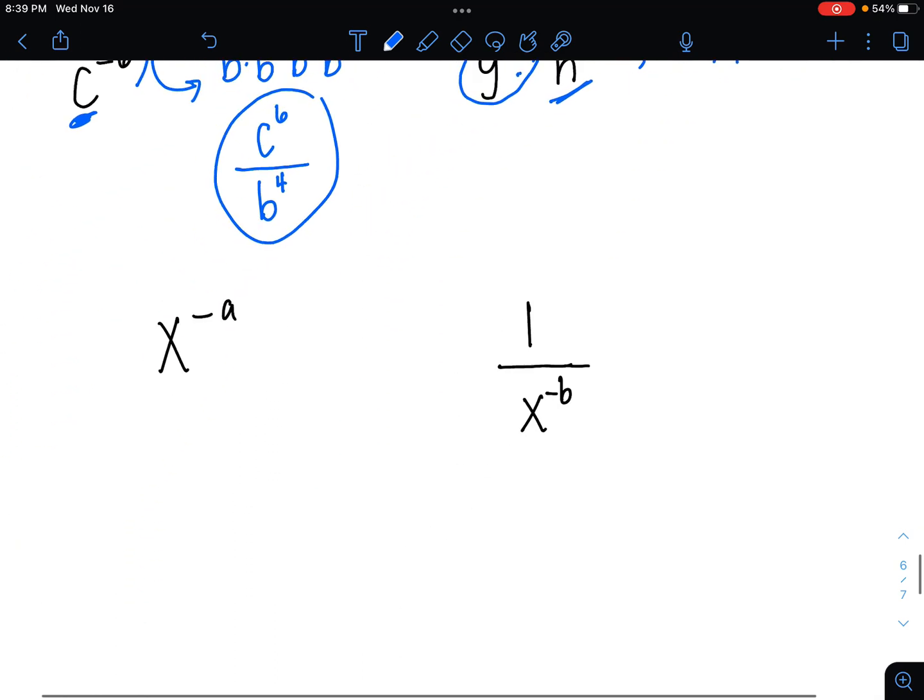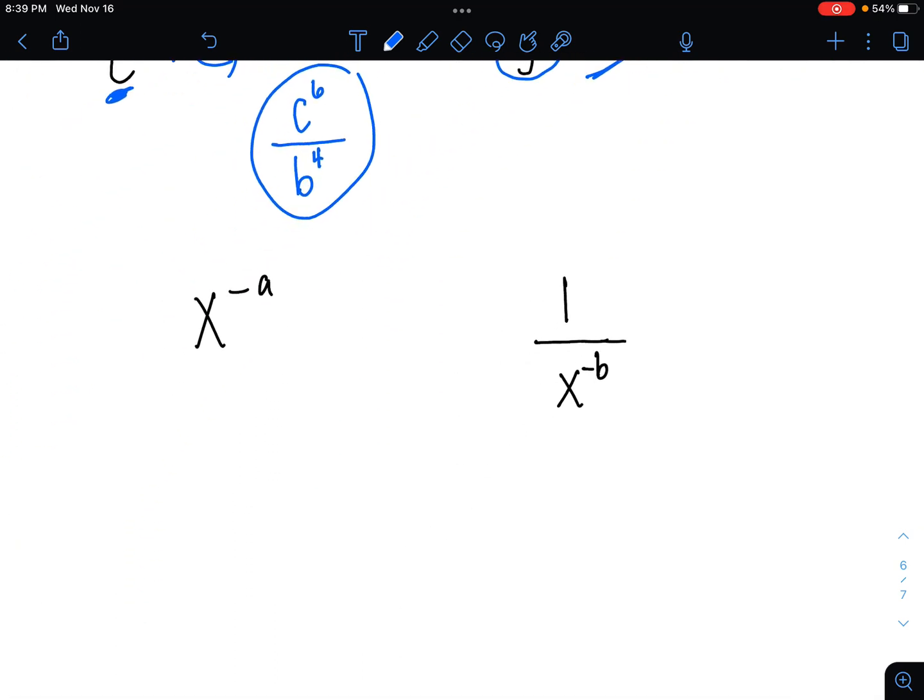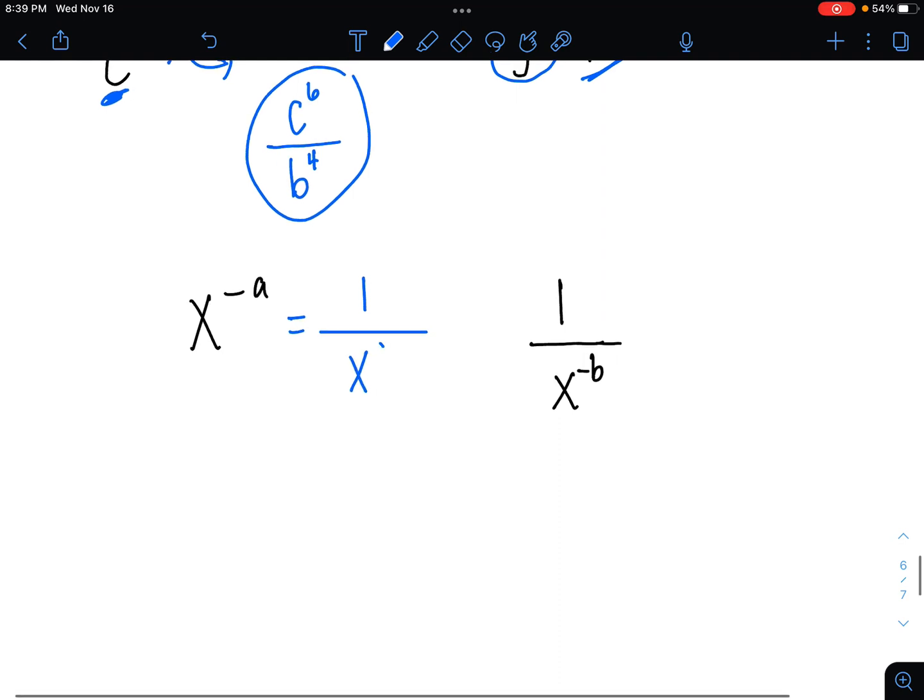So, thinking about those rules, whenever we see a negative exponent, we have to think about flipping it, making it a fraction. If it's not a fraction already, we're going to turn it into a fraction, and that is going to be x to the power of positive a in the denominator. So if it's x to the power of negative a, it becomes 1 over x to the power of positive a.